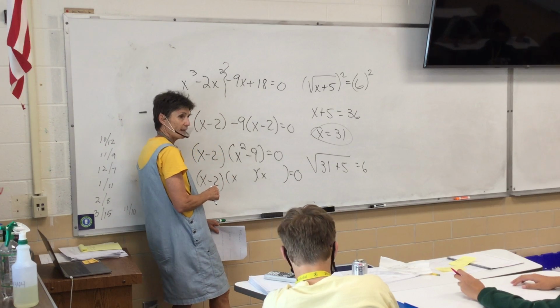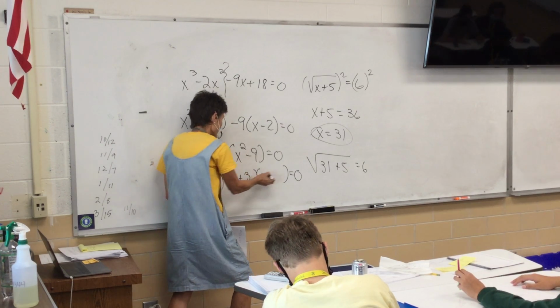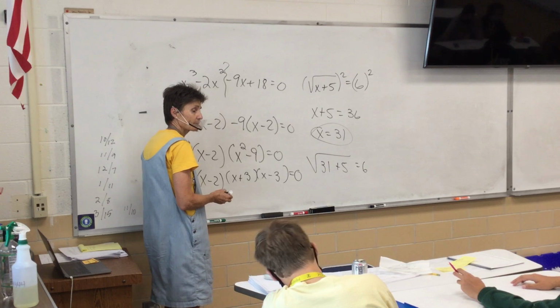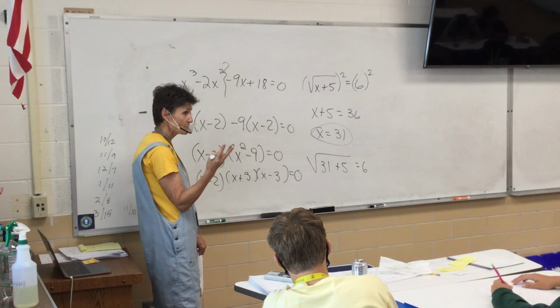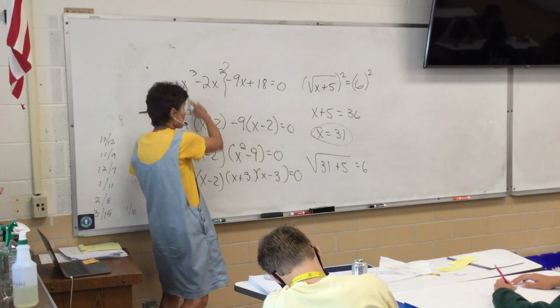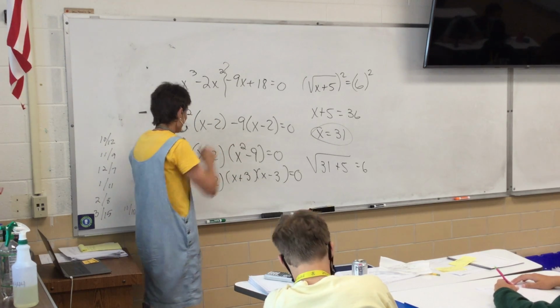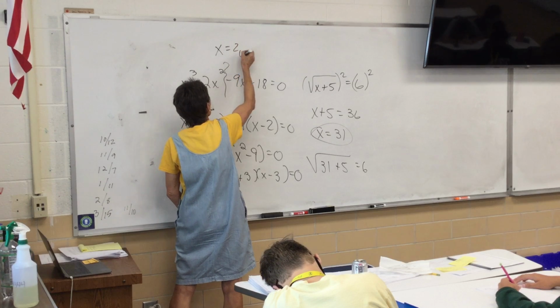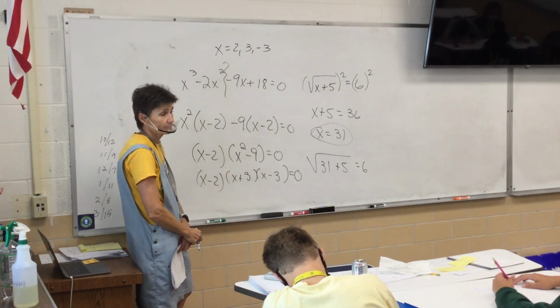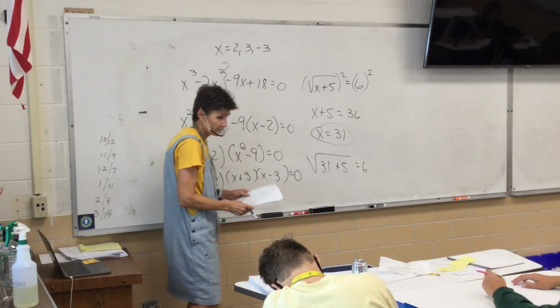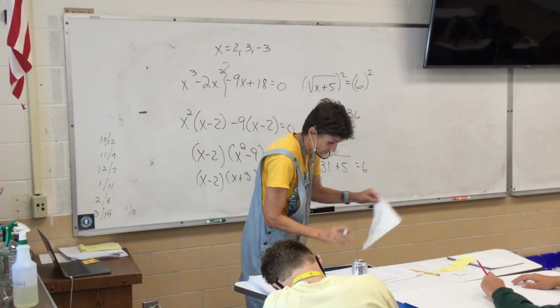X squared minus 9, x plus 3, x minus 3. So I'm gonna get three answers, three x's. X equals 2, 3, and -3, yep. The order of those doesn't matter, so whatever order you write in is fine.